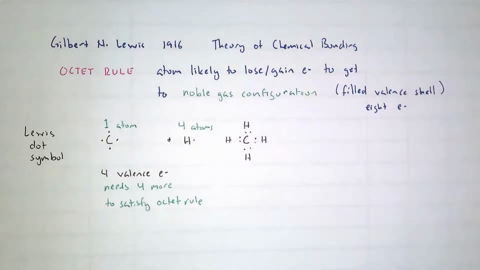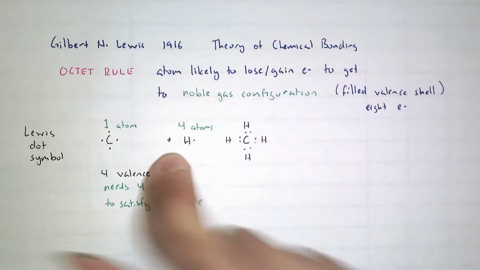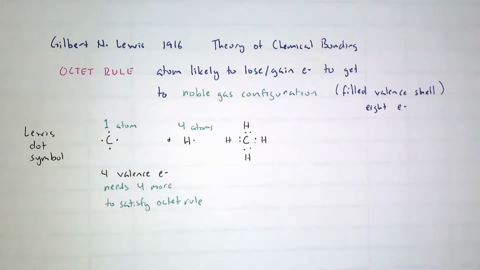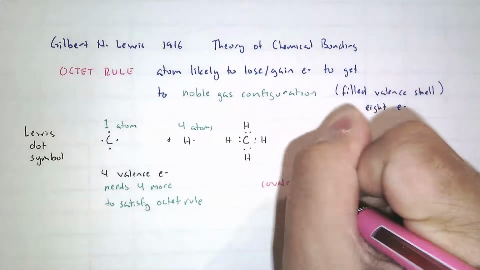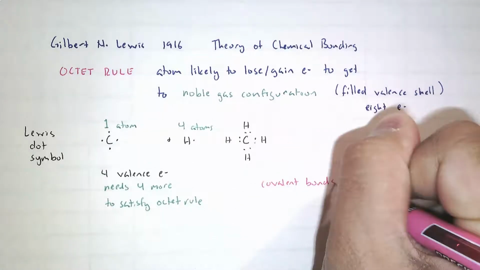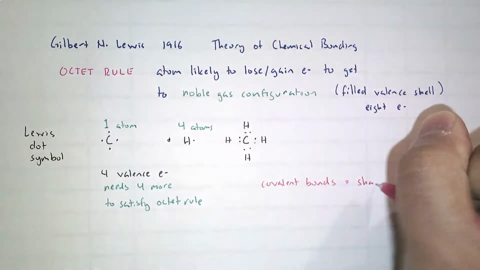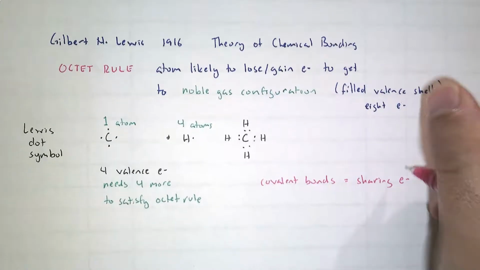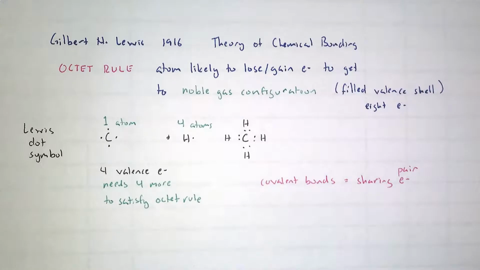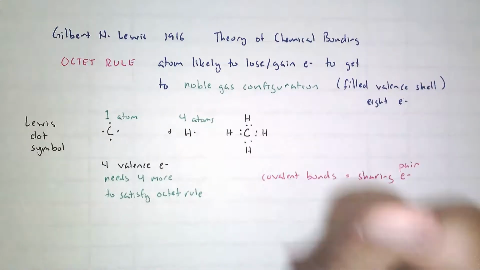But what do we accomplish here? By sharing electrons, so these are covalent bonds. The 2 atoms are sharing a pair of electrons. That's different than ionic, right? This is not ionic.